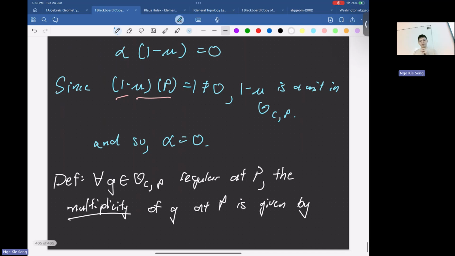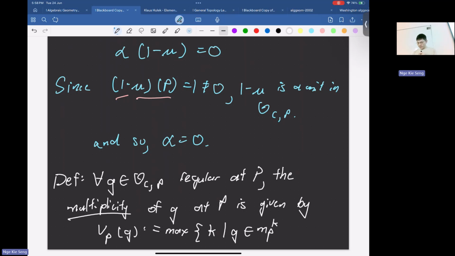Now you see I call it multiplicity, so later I will use this to build the divisor. We call it mu_P(G), which is the maximum of K such that G is in the K-th power of MP.